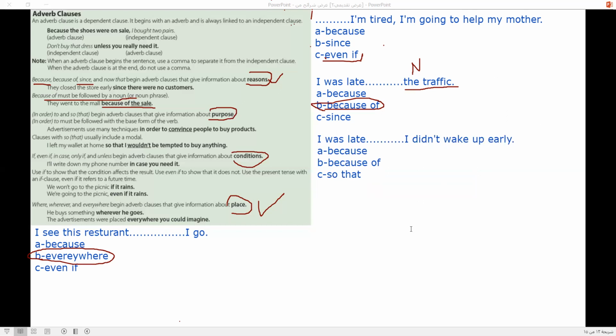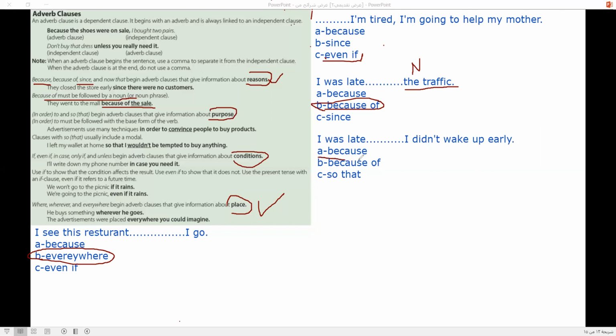What do you think now for this one? Yes, very good, Ilaf. What do you think? Are you sure, Yaqeen? Yes, Raneem, very good.